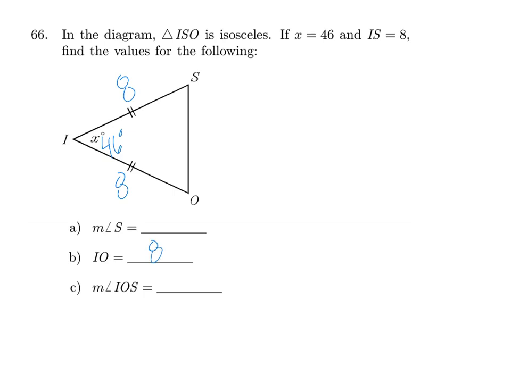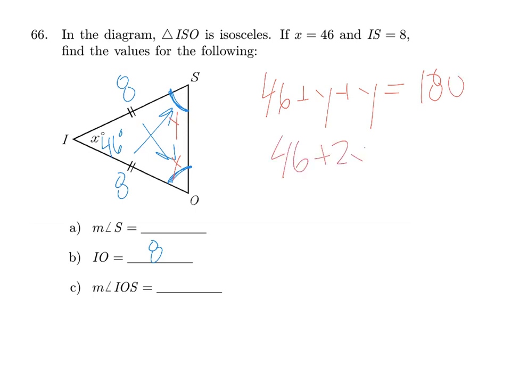That's really easy. And to figure out angles S and IOS, I know that these angles across from the congruent sides are congruent. So I'll call these y. And I know 46 plus y plus y is equal to 180. So 46 plus 2y is equal to 180.